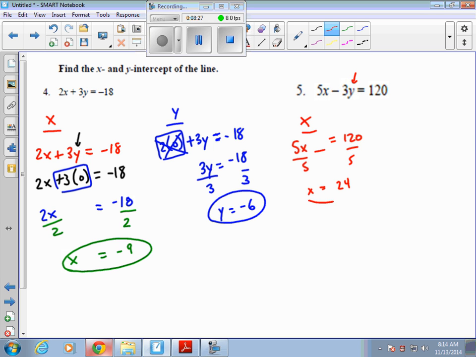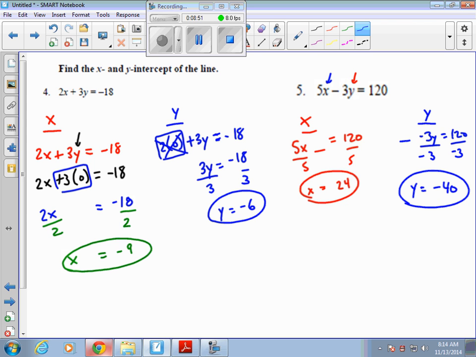So the x-intercept is 24. For the y-intercept, we're going to plug in 0 for x, the opposite one. So 5 times 0 cancels that part out. Negative 3y equals 120. Divide by negative 3 on both sides. A positive divided by a negative is going to be a negative. 3 goes into 12 4 times, and then we'll carry our 0 down. Y is equal to negative 40.